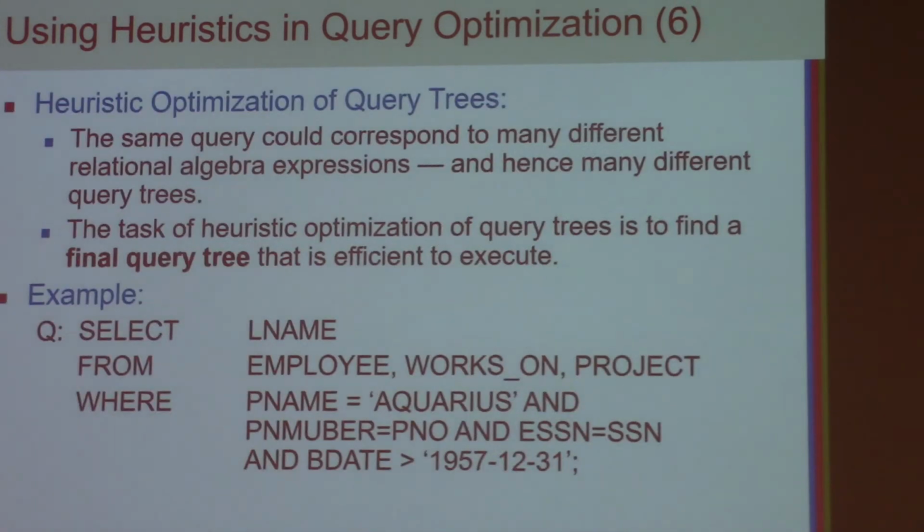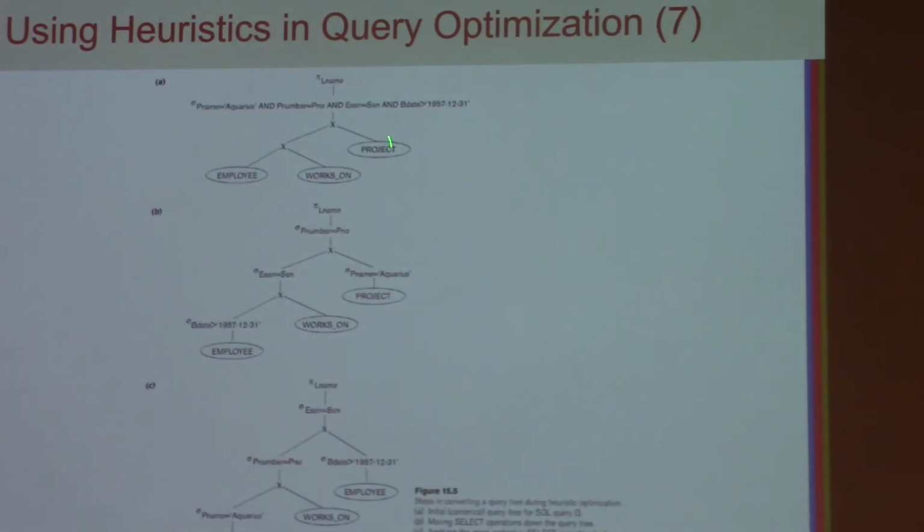So, for example, this is one of the solutions. It's a very simple solution of the query, but first we try to apply the B-date condition for the employee. So apply any selection condition to the table, like this one.